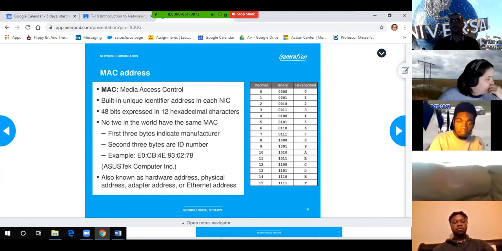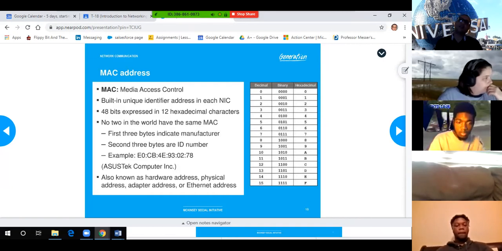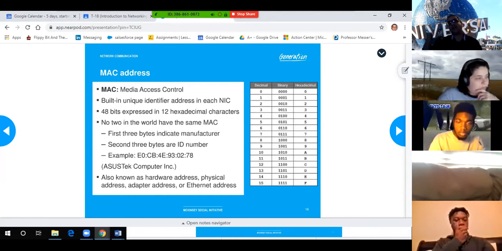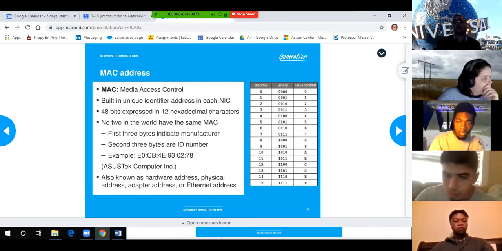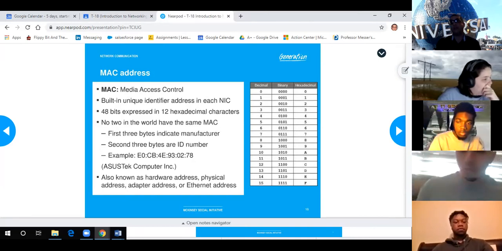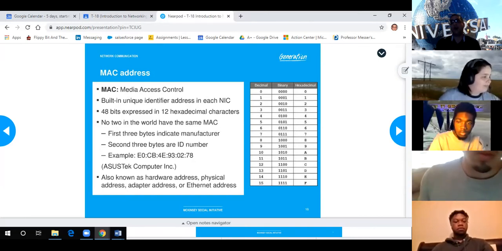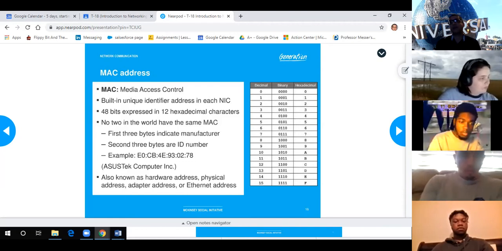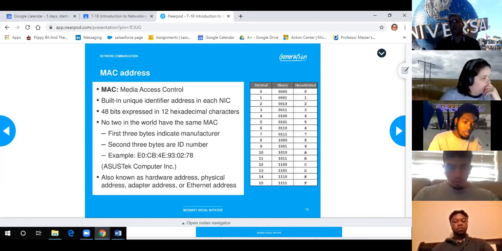MAC address. This is beautiful. Here's the number right here as an example. The media access control itself is built into the actual NIC card. It's actually inside, you could say, a ROM chip in there. It contains 48 bits that are expressed in 12 hexadecimal characters. This is obviously to facilitate the process on the network.